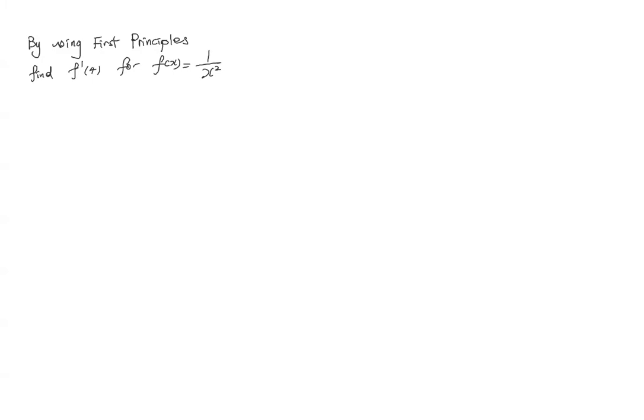No, f prime 4 means I want the instantaneous rate of change at x equal to 4. So allow me to write this down. F prime 4 means the instantaneous rate of change at x equal to 4.